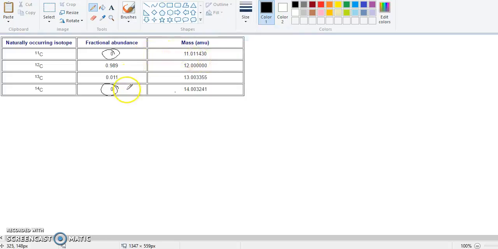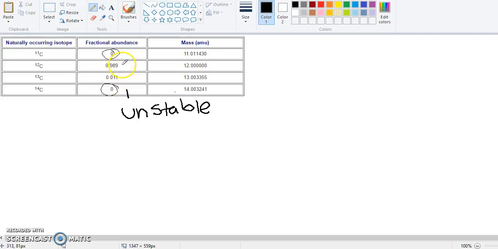That's because these are unstable, so you really won't see them very commonly in nature because they want to react and get back to one of these more stable isotopes.